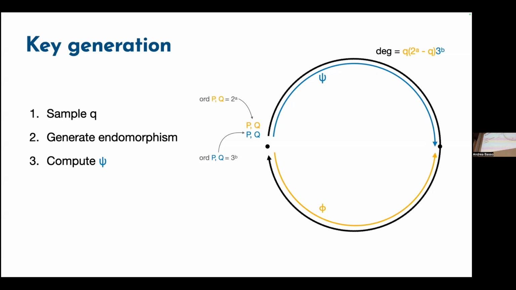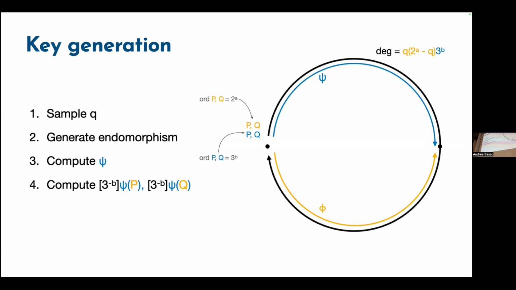And once we have psi, we can compute the images of the orange points under psi and scale them appropriately to obtain the images of phi on P and Q, on this random curve in the middle.